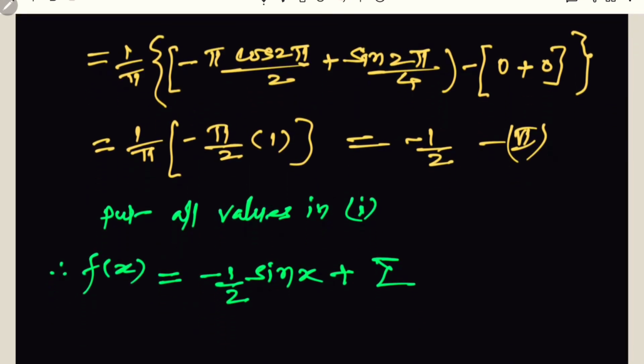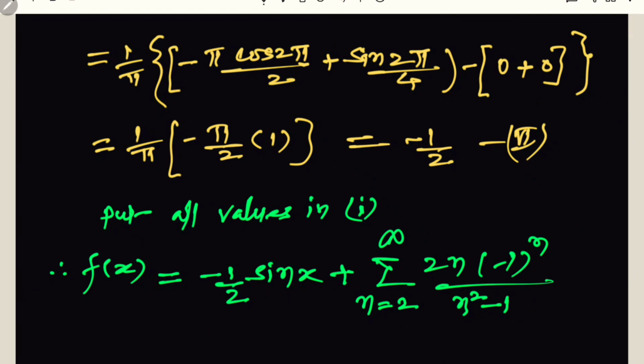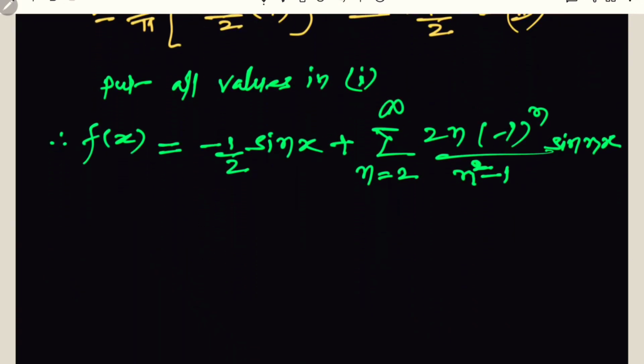And then for the remaining values from 2 to infinity, value of bn is 2n (minus 1) raised to n, whole divided by (n square minus 1), multiplied by sin of nx, as the required Fourier series of that odd function.